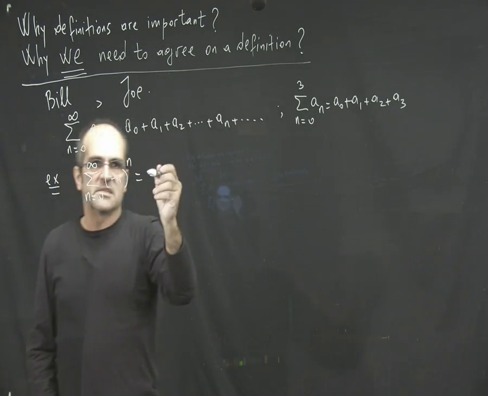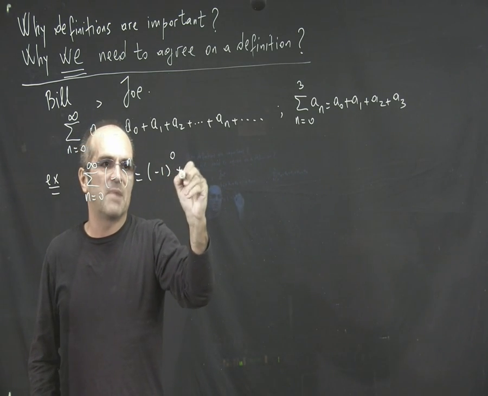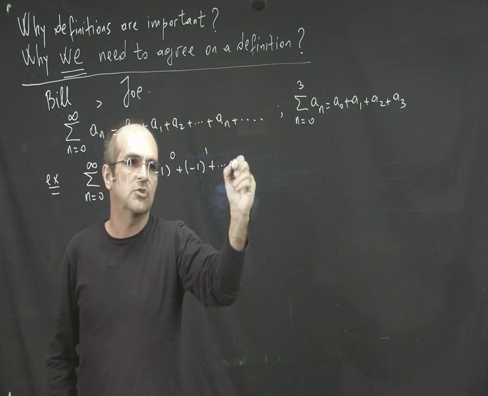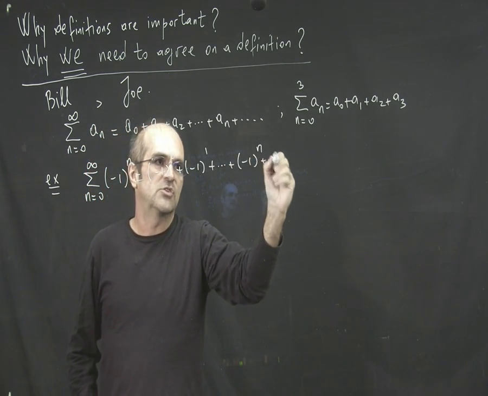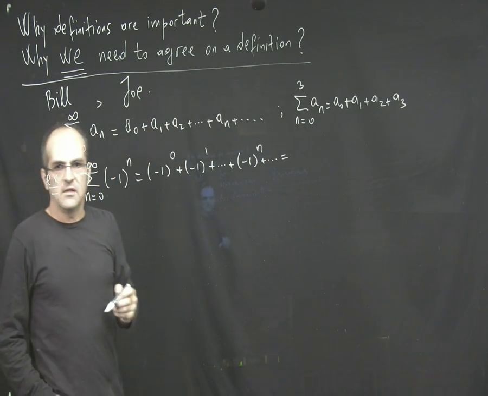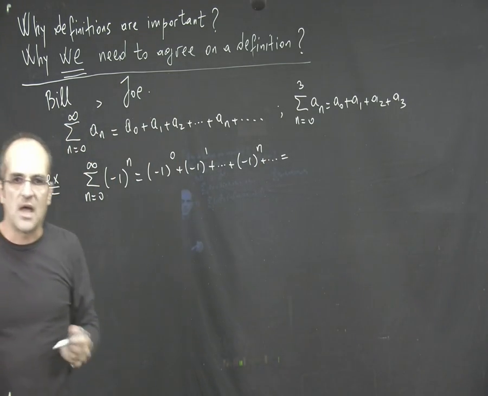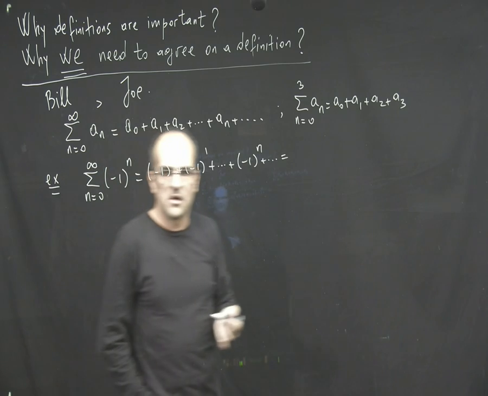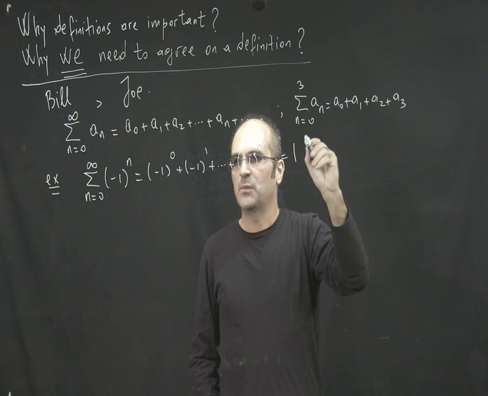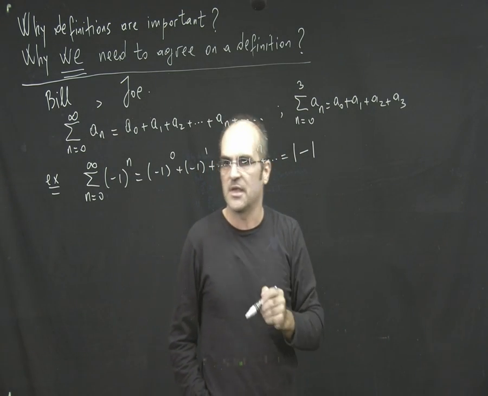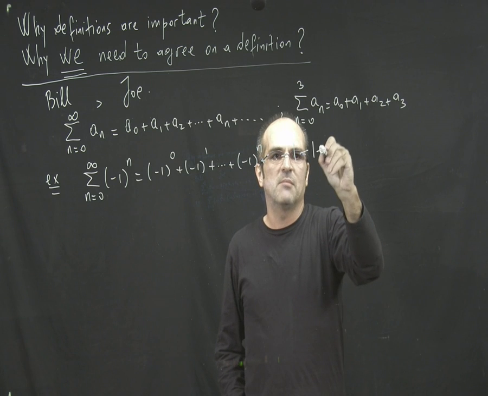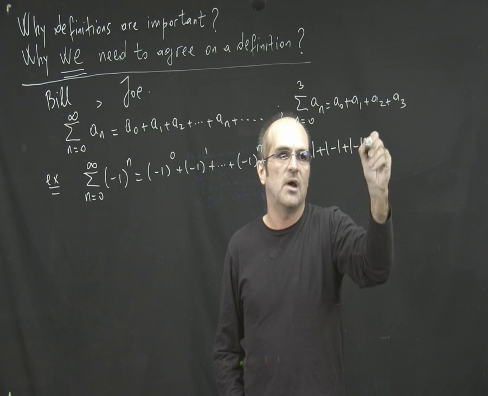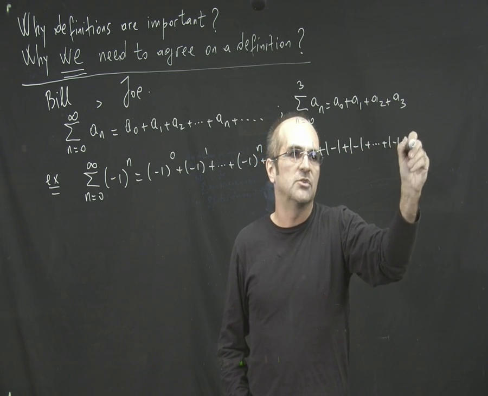Remember, this stands for (-1)^0 plus (-1)^1, dot, dot, dot, and so on. The exponent alternates between an even or an odd number, so this becomes what we're going to call in Calculus 2 an alternating series. So 1 minus 1 plus 1 minus 1 plus 1 minus 1, and so on and so forth.